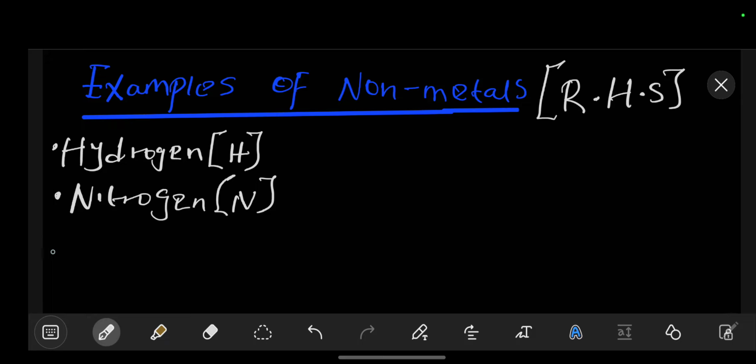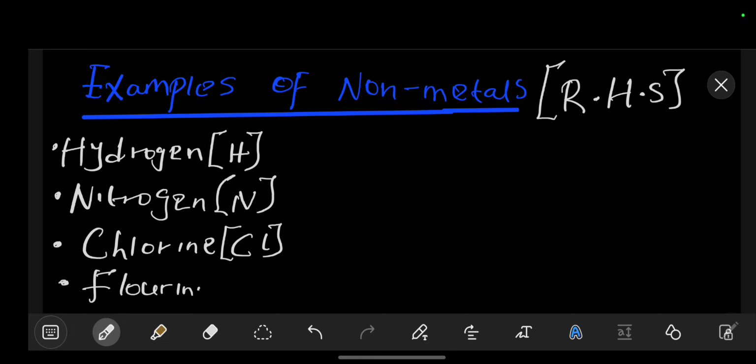Another example of a non-melter that we have is chlorine. The symbol is Cl. Another good example of a non-melter is fluorine.